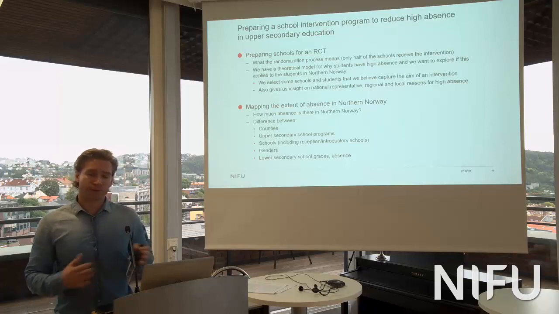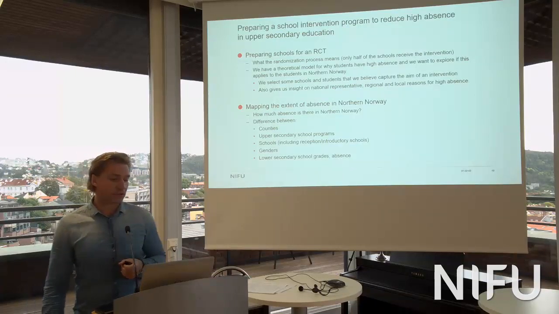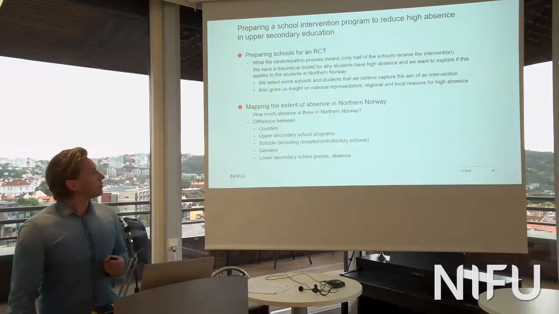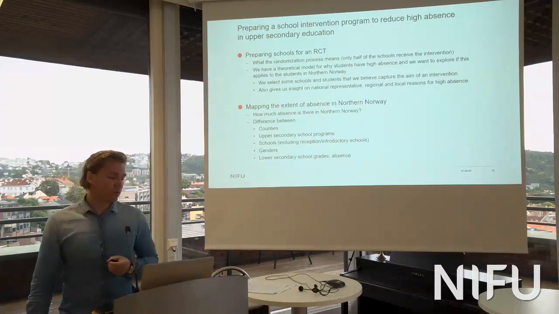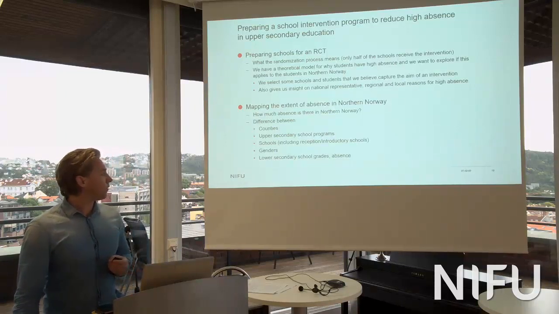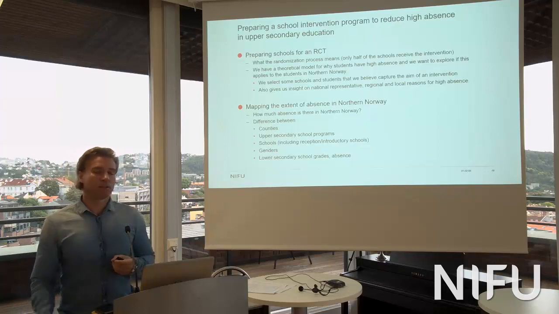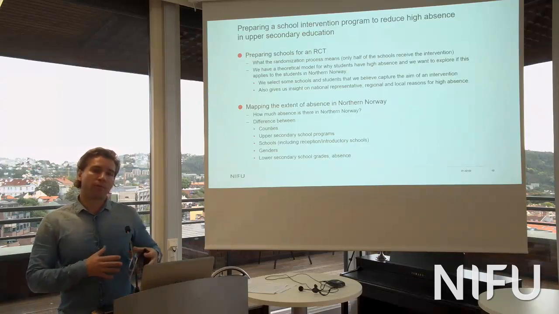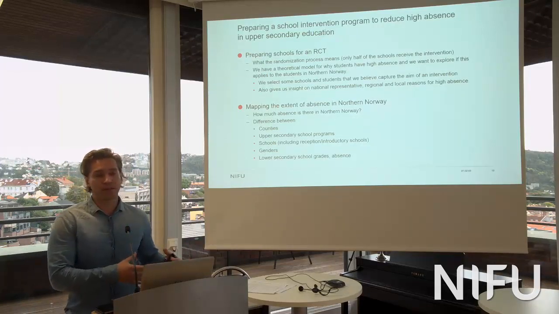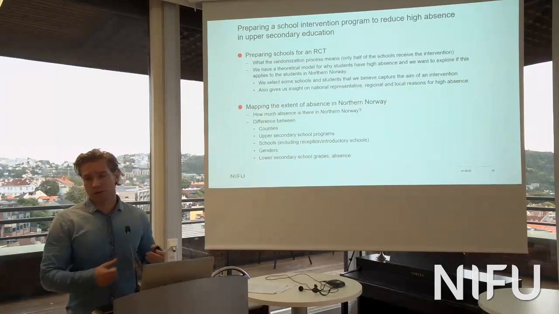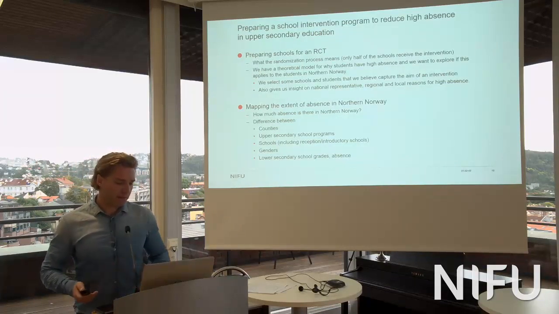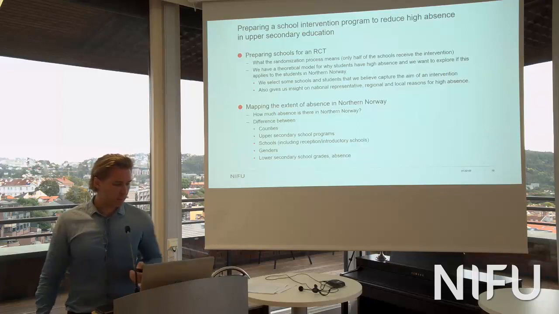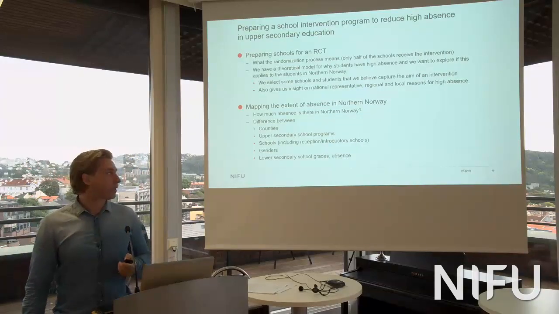And also if some of the problems are in the descending school, the secondary school. We are looking at variation in gender, of course, and we are also interested in looking at whether the problem manifests itself in secondary school. So do low grades and high absence in secondary school account for some of the absence in upper secondary school?